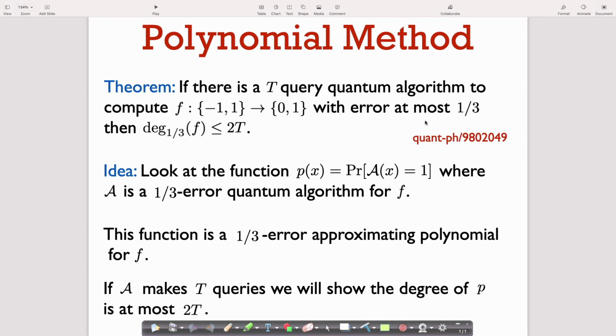Here's the key theorem relating bounded error quantum query complexity to approximate degree. It says the following.